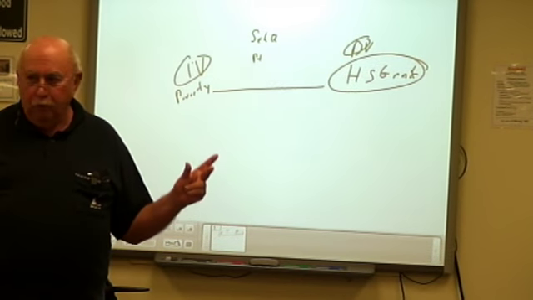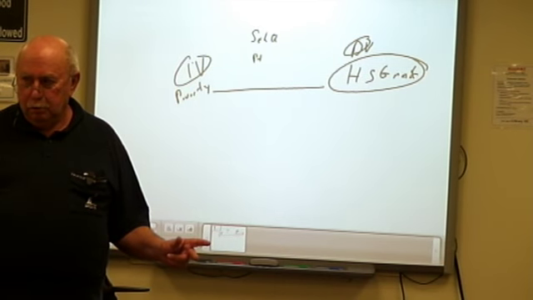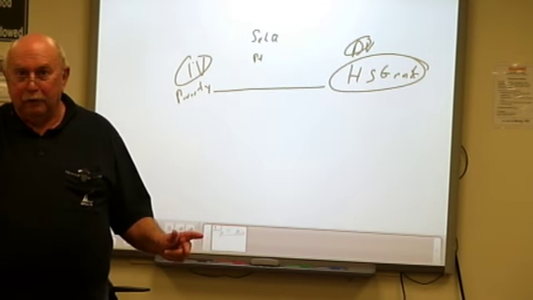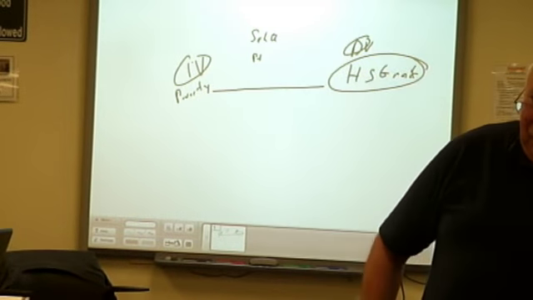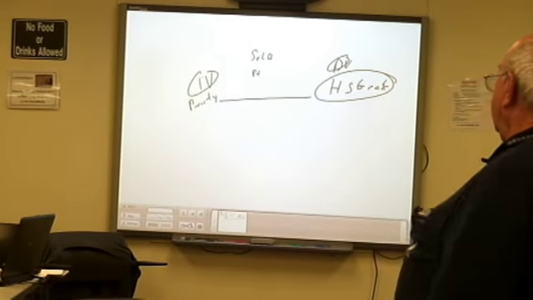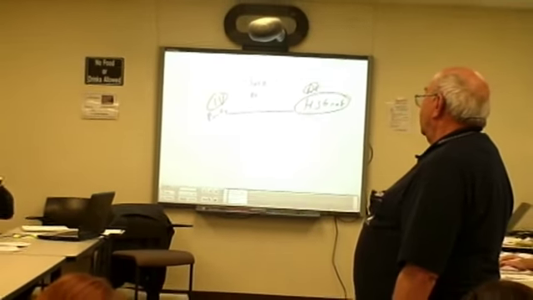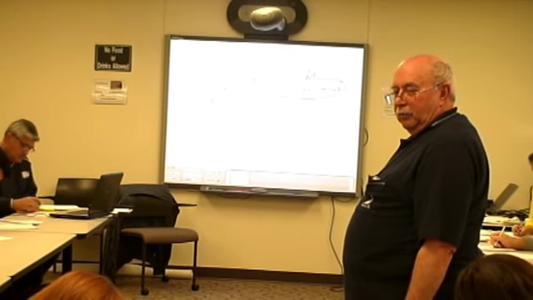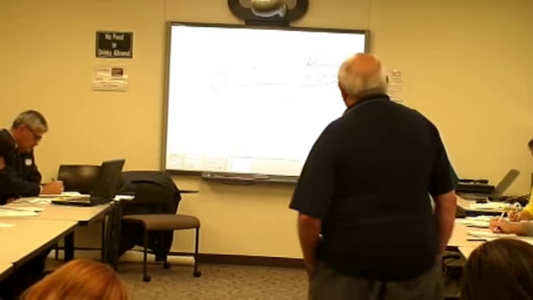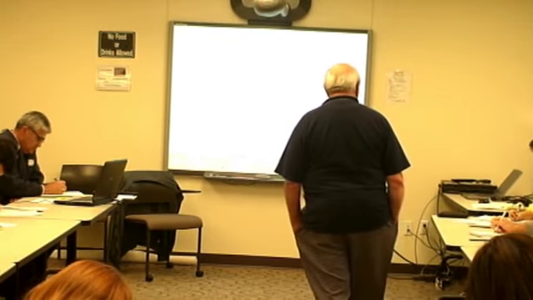What is a covariate? Who wants to guess? A covariate is a continuous independent variable. So when I say covariate, it's a continuous independent variable.